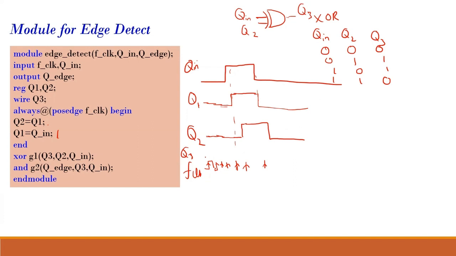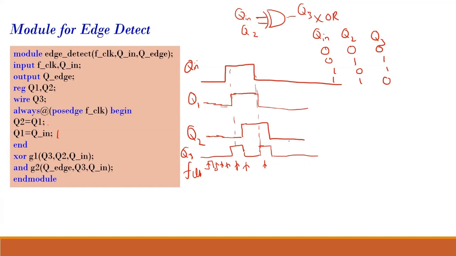So Q3 will be high from here to here. When both are the same, it will be 0. In this case, when both are different, it will go high, and in this case, it will go low.